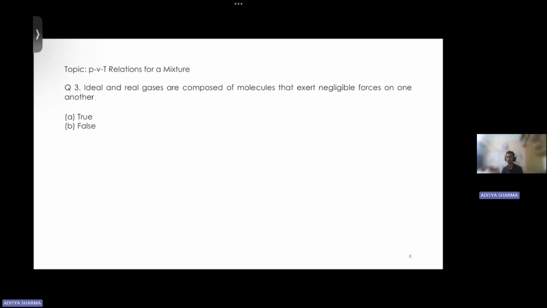If we consider the same gas as ideal, that is the difference between an ideal gas and a real gas.